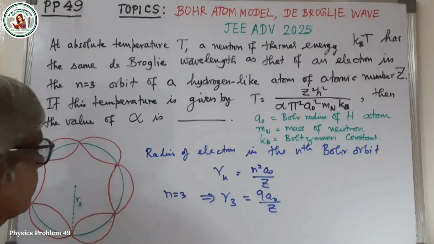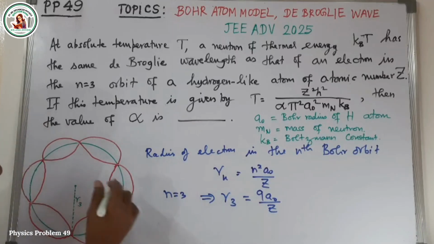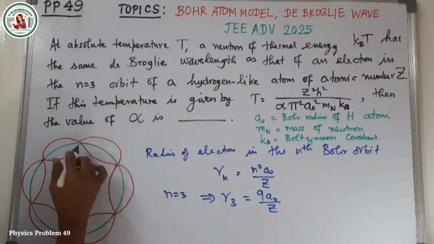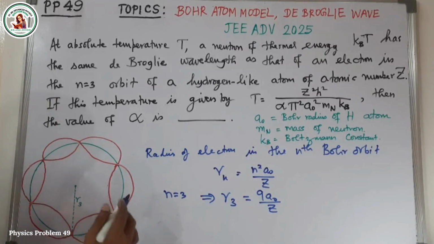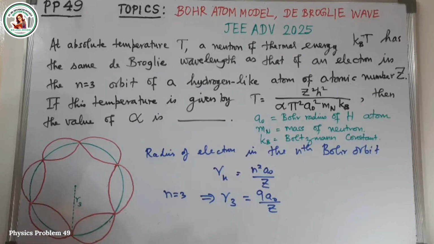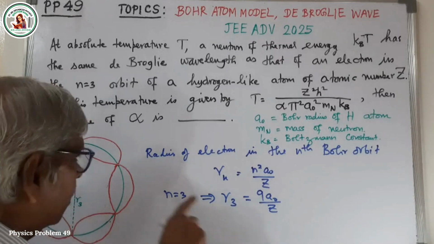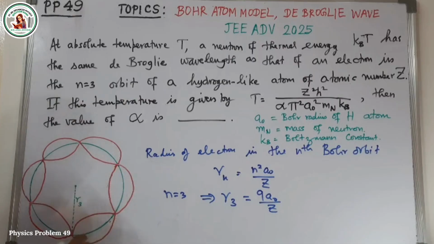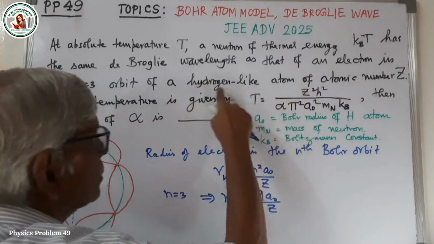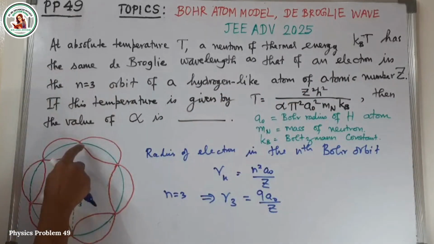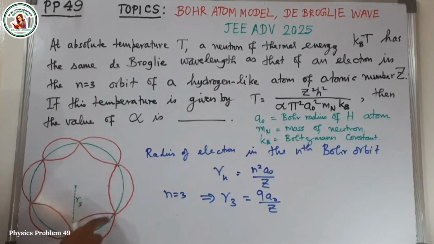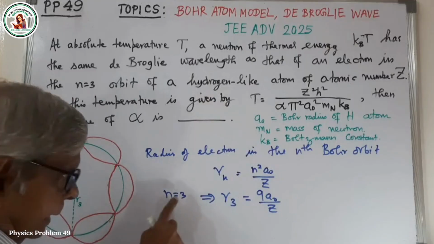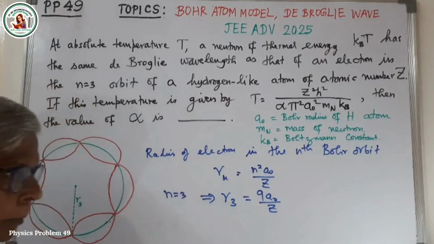Three times it will be undergoing these stationary waves in the n equal 3 perimeter, making 3 de Broglie waves. So this is 3 times the de Broglie wavelength of the electron for this n equal 3 orbit.